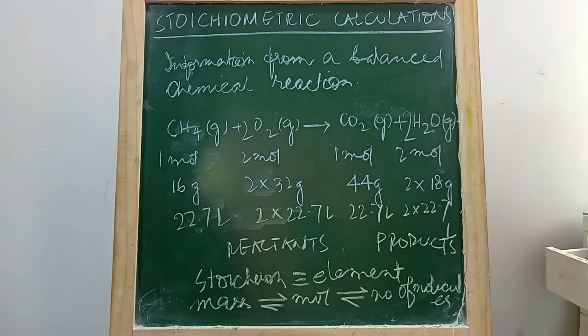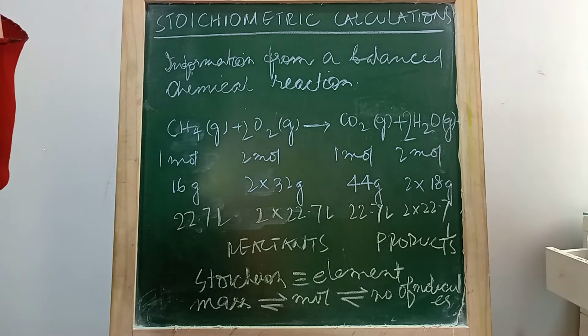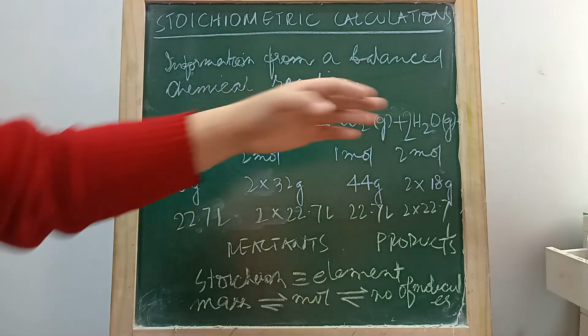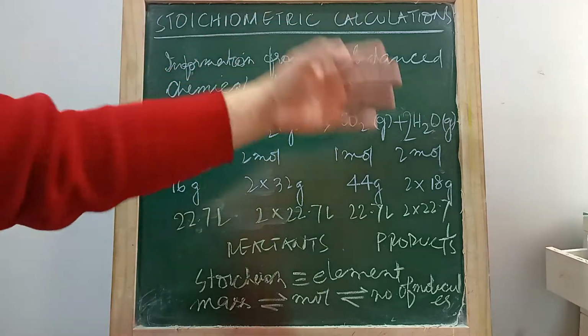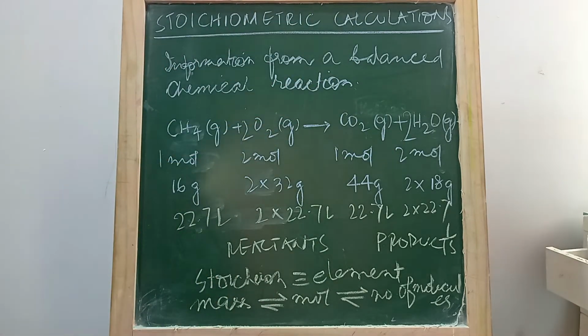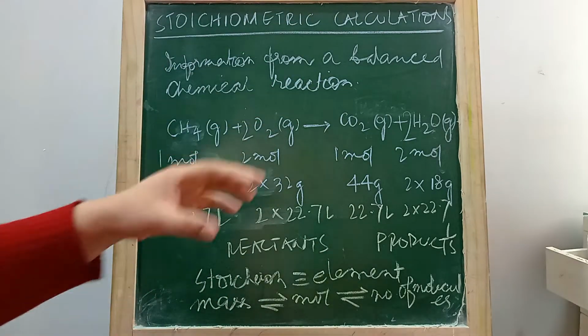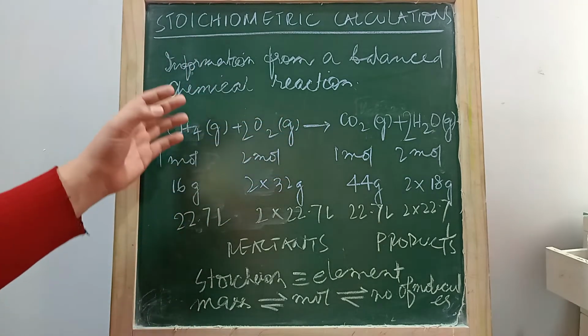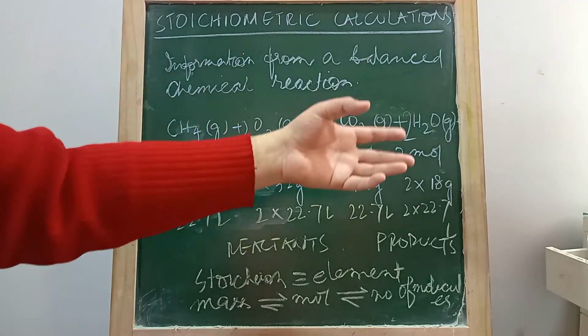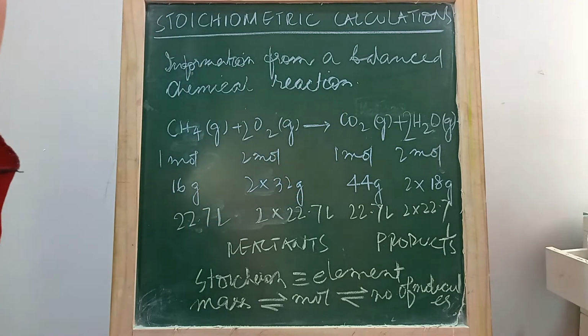So after knowing that these are the reactants and these are the products, we need to balance the reaction. So what do we mean by balance? It means that the number of atoms on the left hand side and that on the right hand side, meaning reactants and products, must be the same.